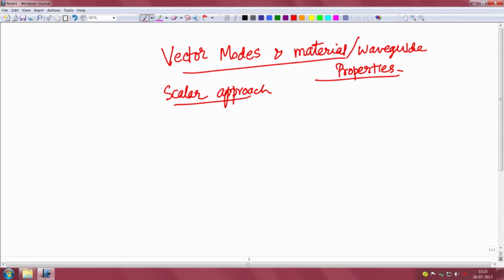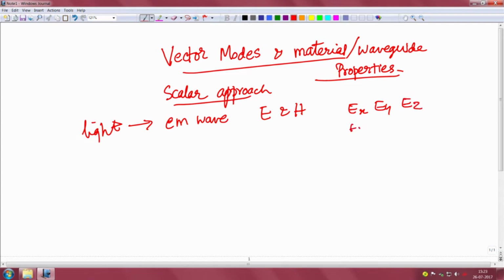But actually, as we know, light is an electromagnetic wave consisting of electric fields and magnetic fields and all its components Ex, Ey, Ez and Hx, Hy and Hz.